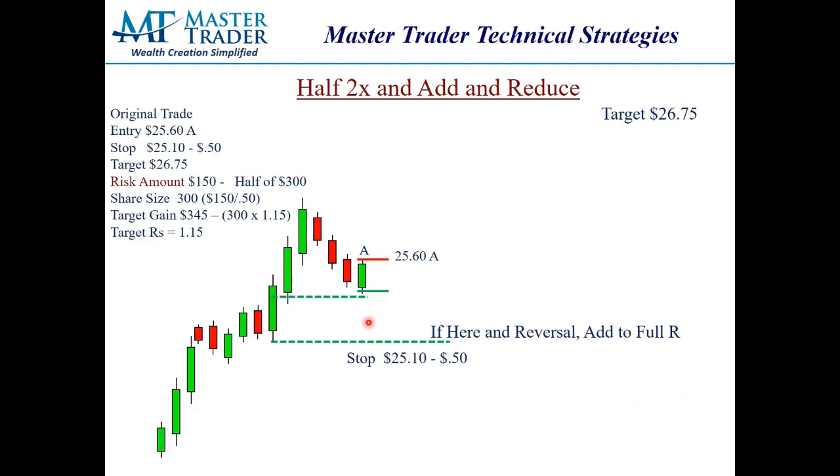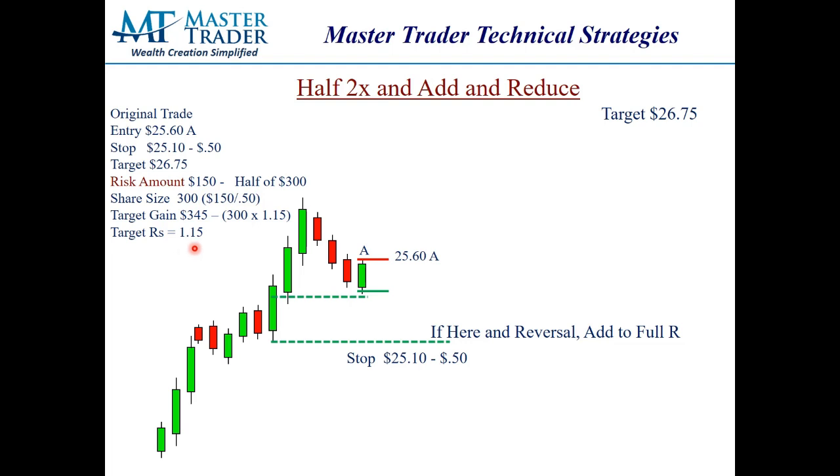So here's an example. We've already looked at this, but here we're saying, let's take half of the shares at this time. So we're going to risk half of our $300 risk, $150. We've got a 50 cents stop here. So our share size is going to be 300 shares based on that. We've got a potential target gain of $345, 300 times the 1.15 to target.